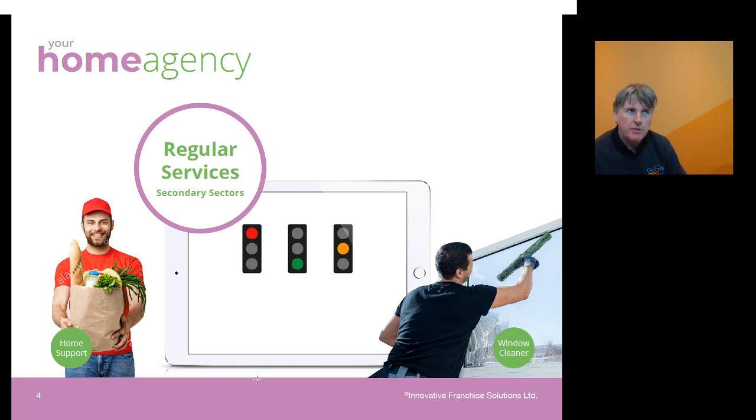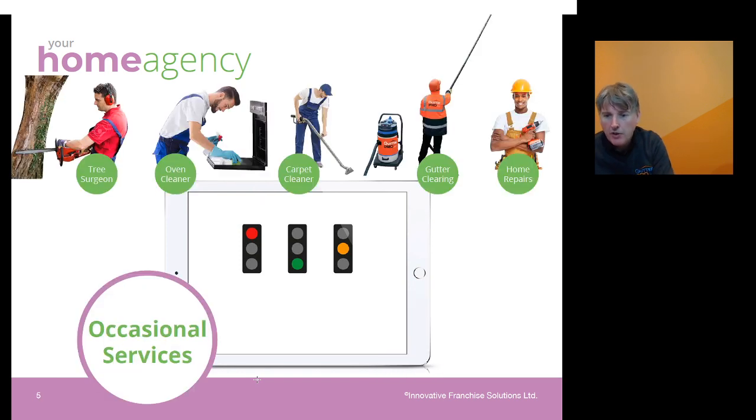We can just join up the dots between those who can and the customers who want them. And then there are occasional service providers, of course including gutters, carpets and ovens.